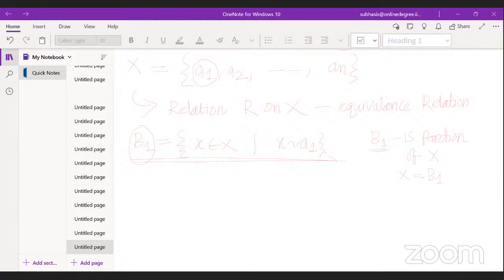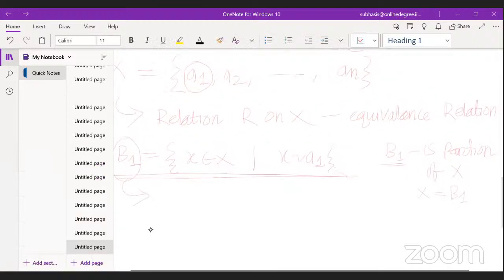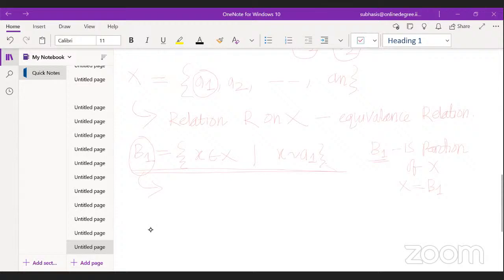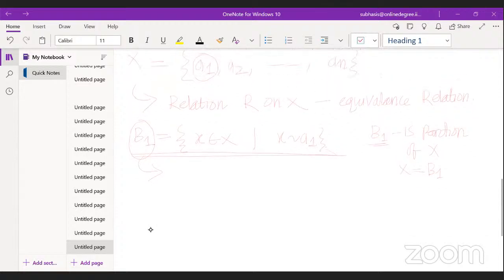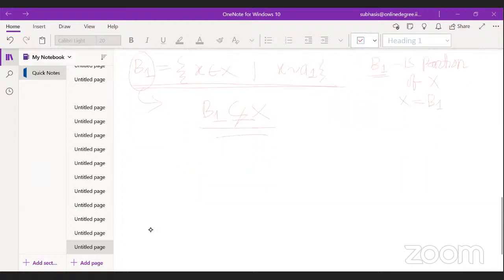If you get all the elements of X in B1, then you are done, because B1 is a partition of X. Suppose B1 is a proper subset of X, then you must have some element left, say AK, which is not a member of B1.